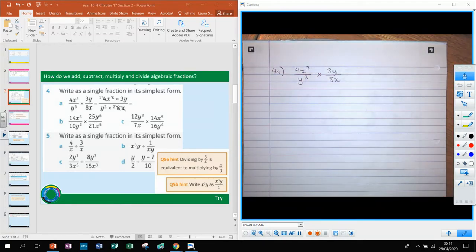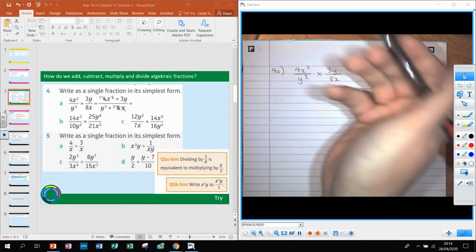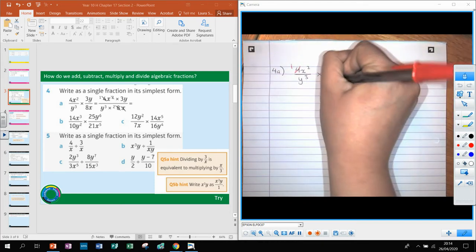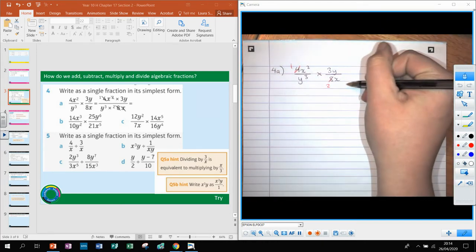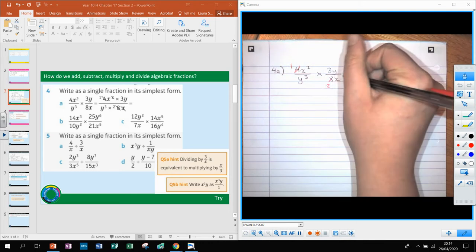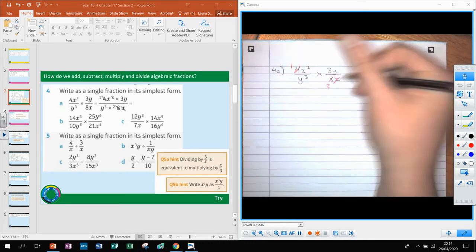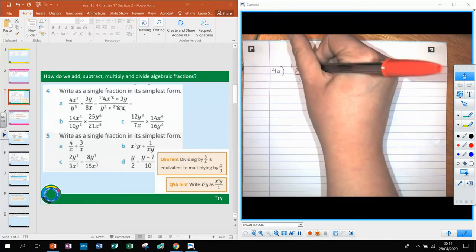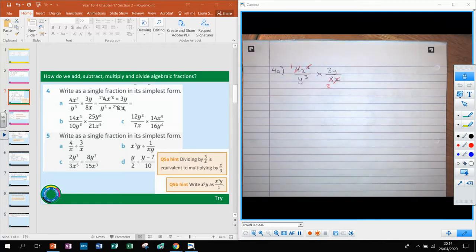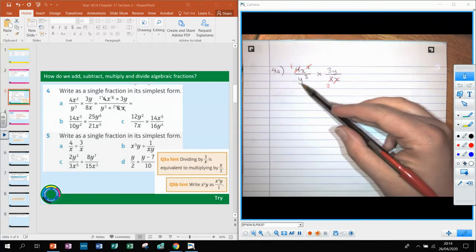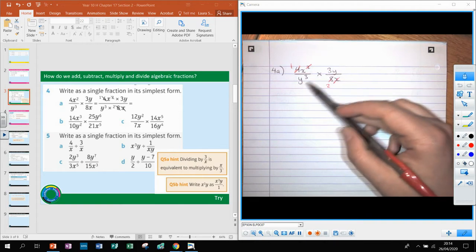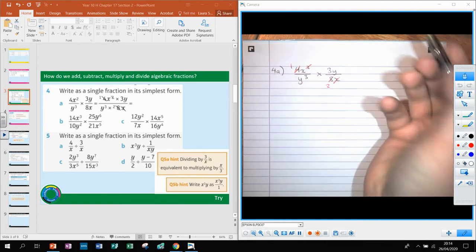What we really want now is to cancel down letters and numbers. I can see that a 4 goes into an 8 twice. So that becomes a 1, that becomes a 2. I can also see that x goes into x squared, so that just becomes a 1. Technically, 2 times 1 is 2, so I'm not going to write that down. And instead of having x squared, I now just have an x. If we now look here, 3, no, it's not going to help us, but the y's do cancel down.